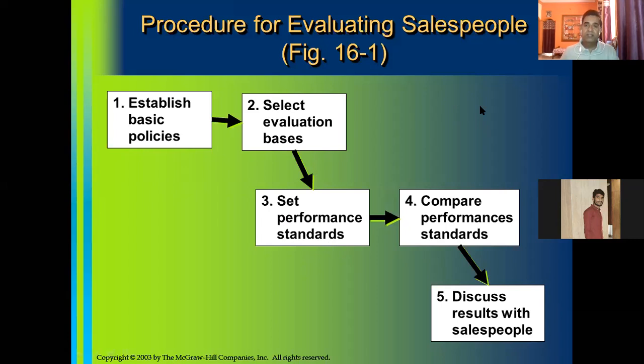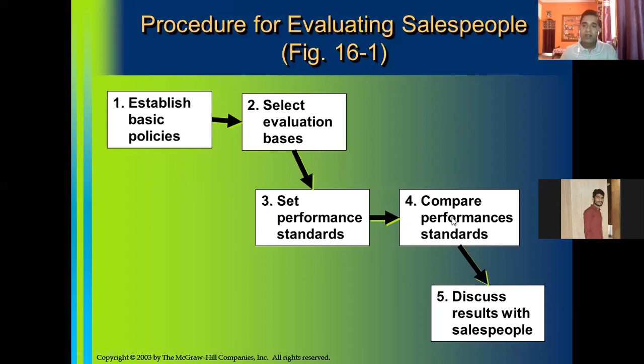Let's say a sales rep has achieved a sales volume of 9 lakh rupees in that month against the standard of 10 lakh. It means his performance achievement is 90%. If another sales rep exactly achieved the sales volume of 10 lakh rupees for that month, compared to the performance standard, his performance is exactly 100%.